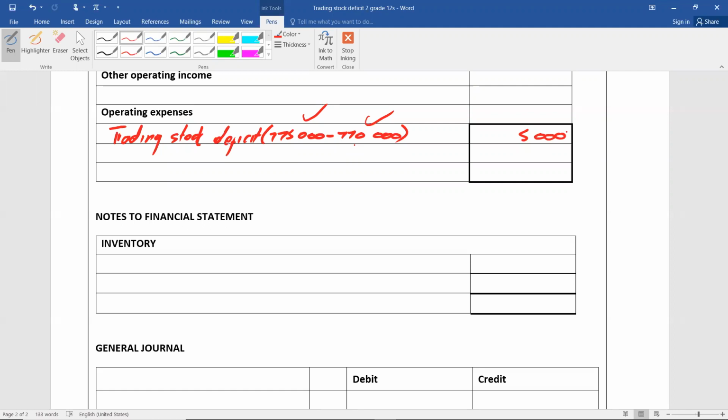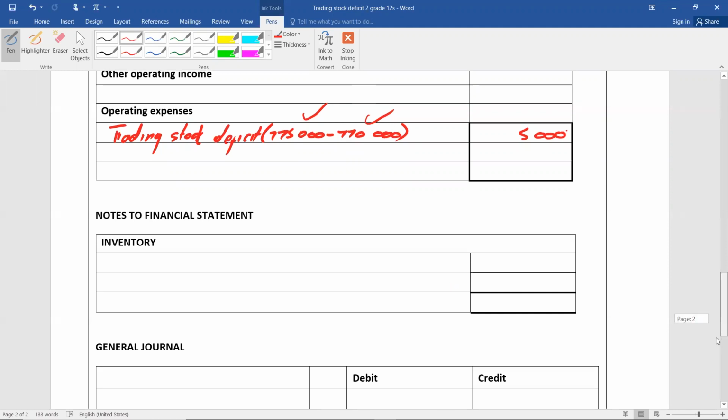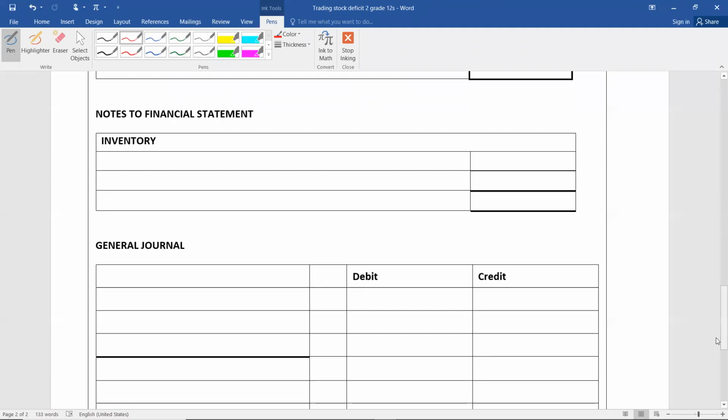It does have to go through the general journal. Let me just do this quickly. In your general journal, we're going to have trading stock deficit.